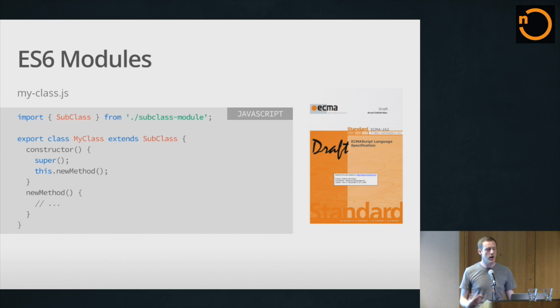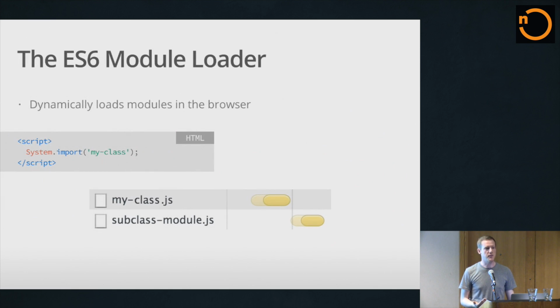So when browsers implement ES6 modules, how does that loading profile look? We have this dynamic loader in the browser called System, and I can write System.import and then the name of the module that I want to load. So this will send a request for myclass.js. It then loads that file and sees that it's dependent on the subclass module, and it then sends a separate request for that.